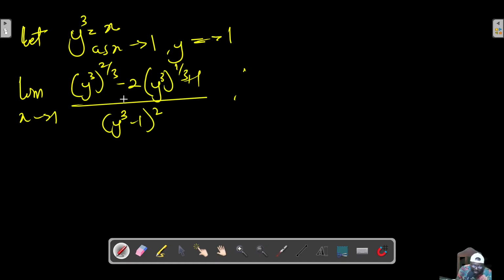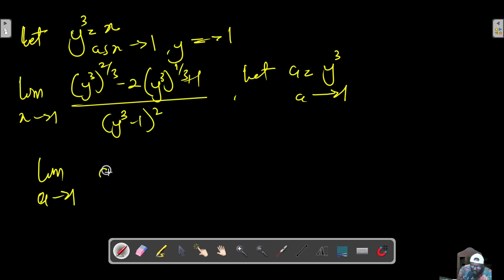I can say let a be equal to y cube from here, and if a is y cube, then what will be my new limit as well? a will also approach 1.